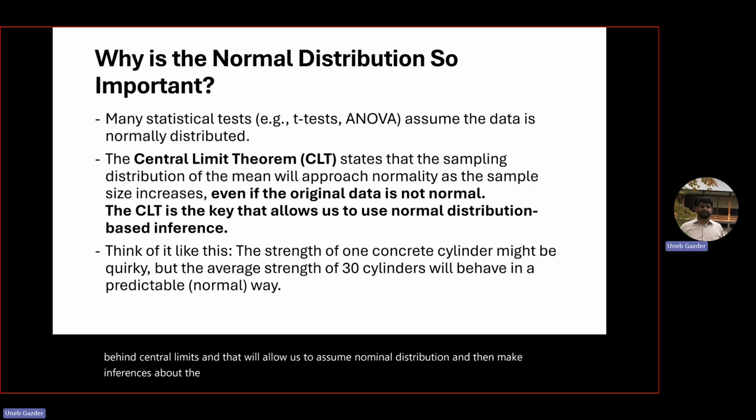Just one thing here. When we say samples, the samples used in the central limit theorem, each sample is a set of values, not a value.